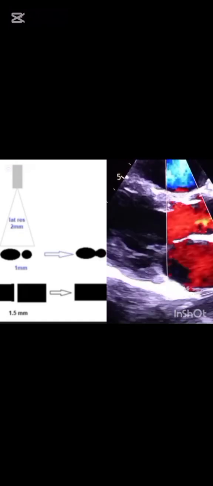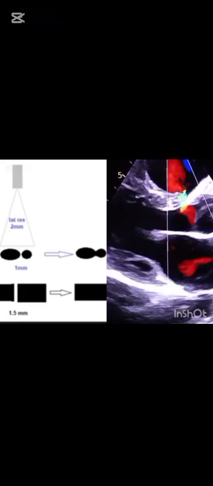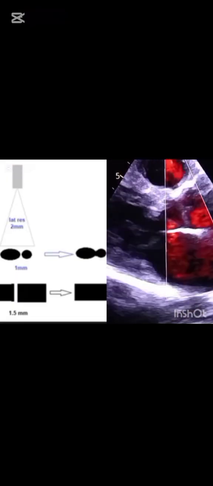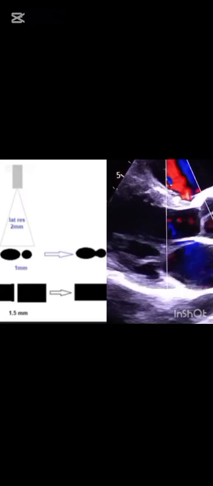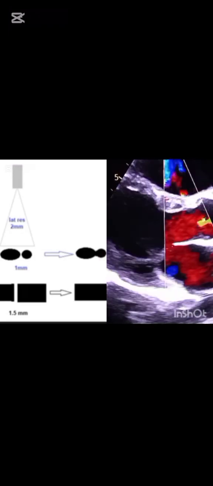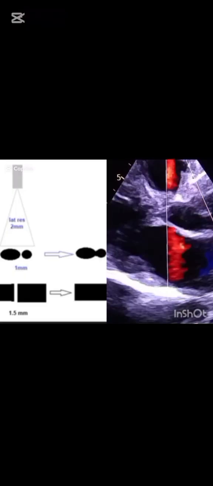So here the machine uses lateral resolution and the defect size in the image is 1.5 millimeters. Since this is lateral resolution, the two particles are lined up perpendicular to the sound waves, and the machine does not show any defect. It puts both of them in contact with each other and shows a single particle.